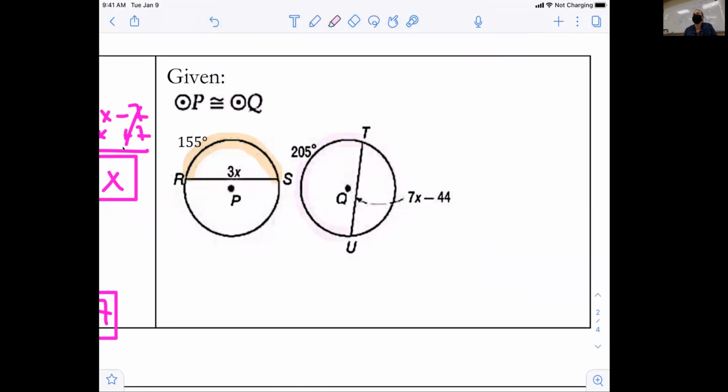Oh, what do I get to do? I'm supposed to be congruent and they're not. Can I just not do anything? No, we can do a little search and find.